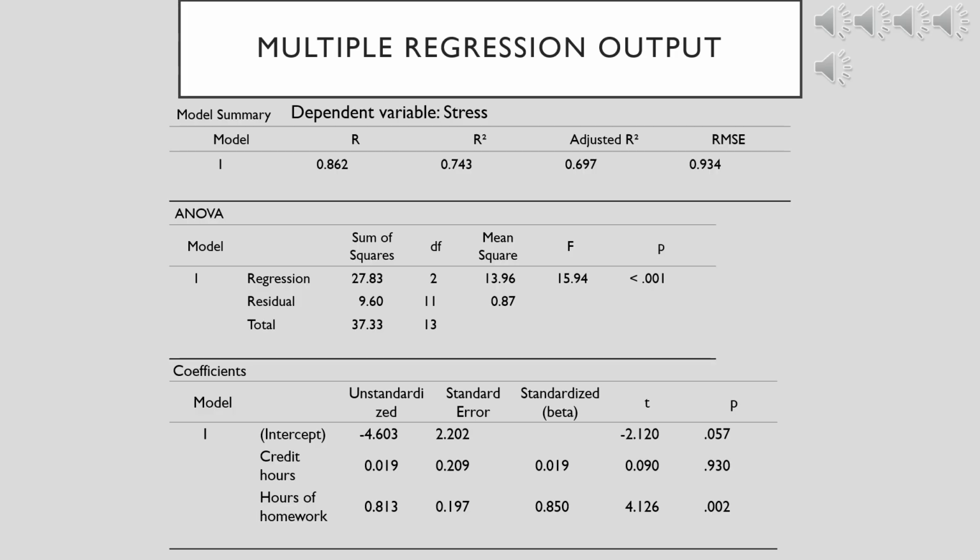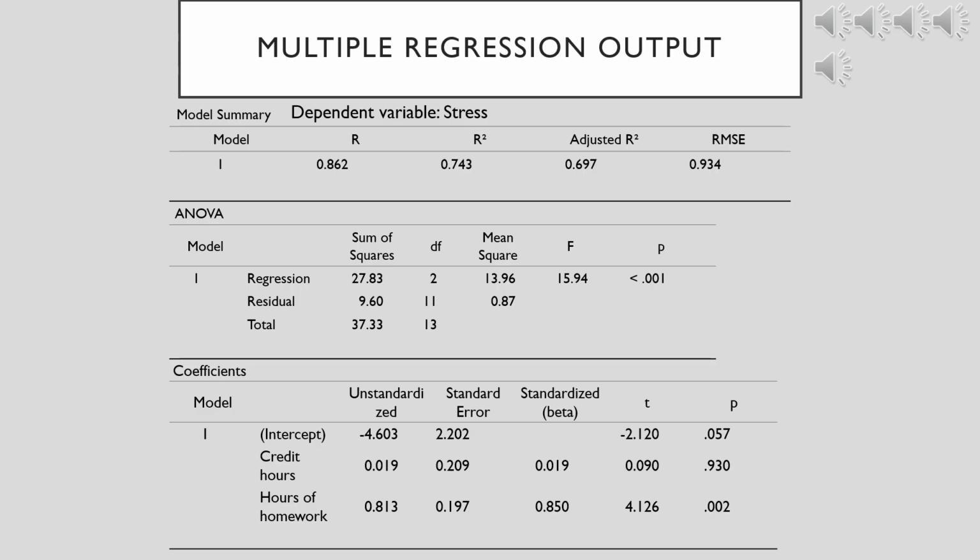You go to the second table, which is titled ANOVA, and you look at the F statistic and the p-value associated with it all the way at the right-hand side. You can see that the p-value is less than 0.001. Well, anything less than 0.001 is definitely less than our cutoff value for this class, which is 0.05. And so, yes, the entire model as a whole is a significant model.